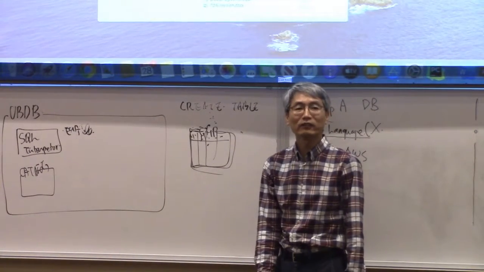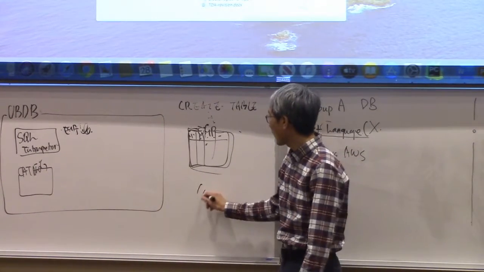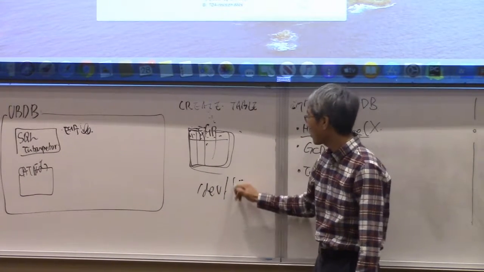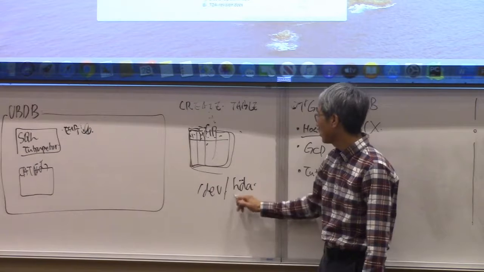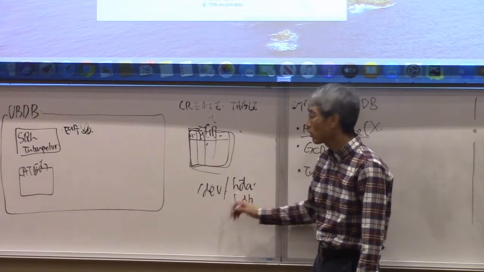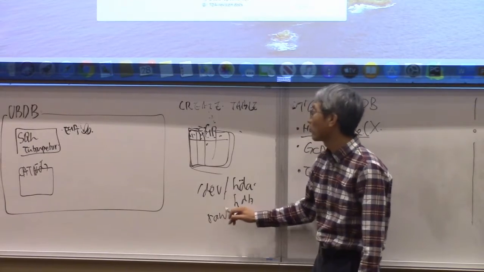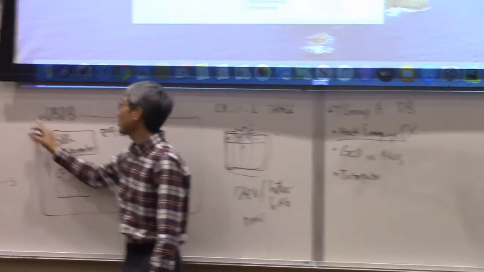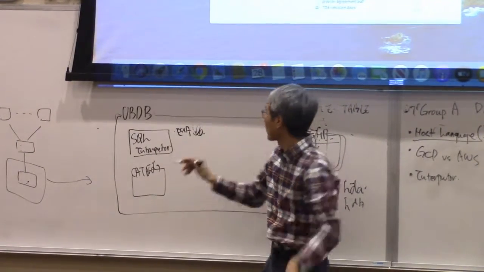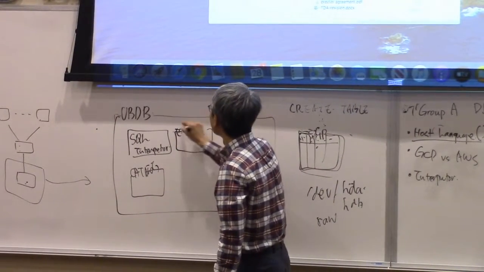Any other way? You can directly write your file, like HDA, HDB. Okay? Under DB. It's a raw device. You can use the raw device. So first, you need to design and make the data structure for the data file.